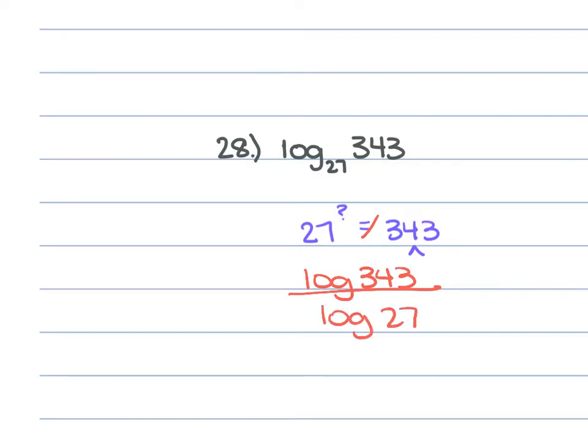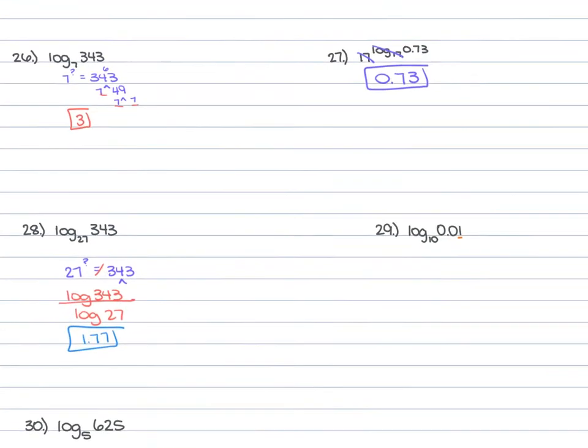Now, you're not going to have any of these on your quiz, so when you do this, you would need a calculator. You would just do log 343 divided by log 27. Log 343 divided by log 27 gives us 1.77. Again, you're not going to have any of these on your quiz where you're going to need a calculator. All the ones on your quiz you do not need a calculator for.